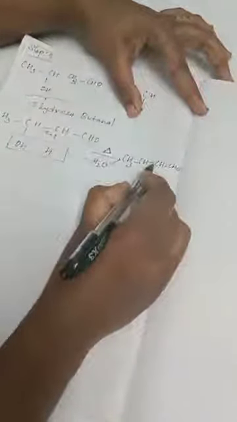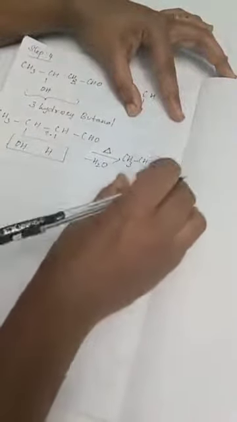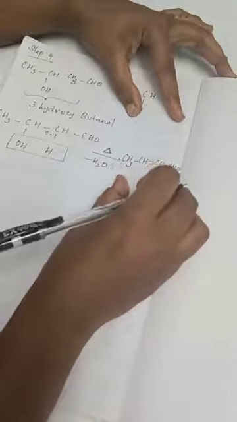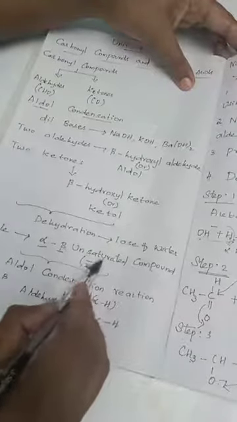Now it becomes CH3, single bond CH, double bond CH, CHO. Now can you give the name of this compound? This is the final product of the aldol condensation reaction. Already we have discussed in the introduction part, I told you finally dehydration, or removal of the water molecule, occurs and we will get an alpha beta double bonded, unsaturated product.